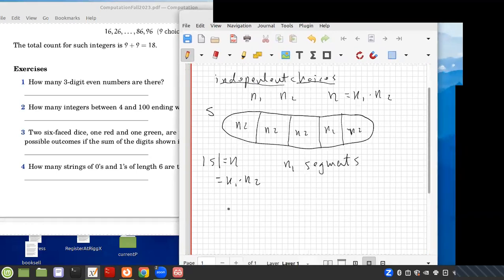So, for example, if I want to know how many scrambles, if I had Scrabble tiles for the letters C, A, T, and S, how many different ways of rearranging them are there?